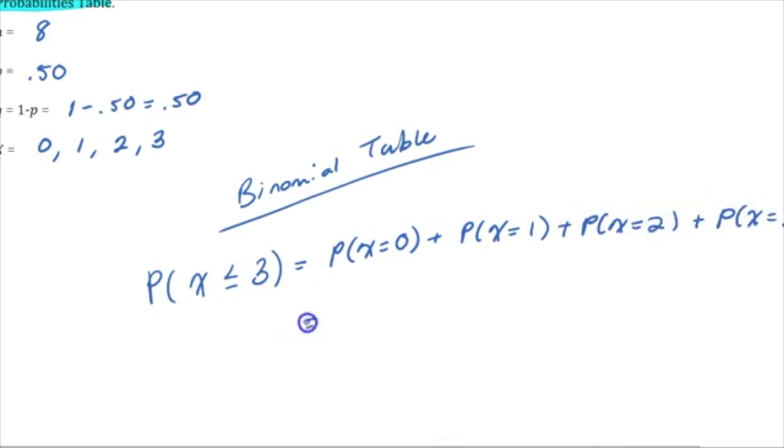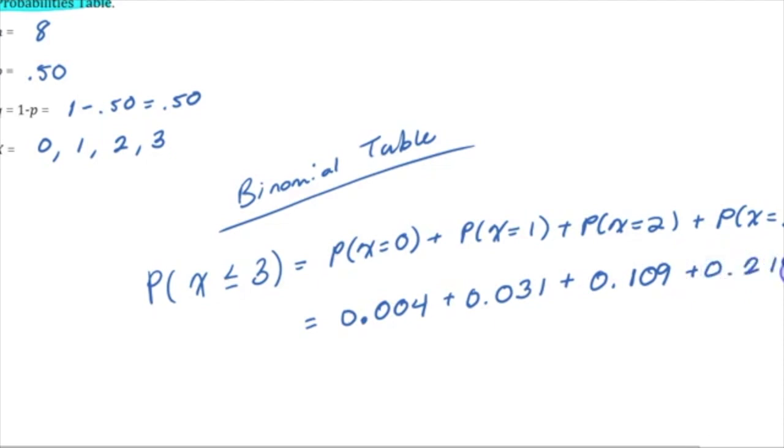So the probability for P(X=0) is 0.004. This probability is going to be 0.031, 0.109, and 0.219. And all we have to do now is just add them.